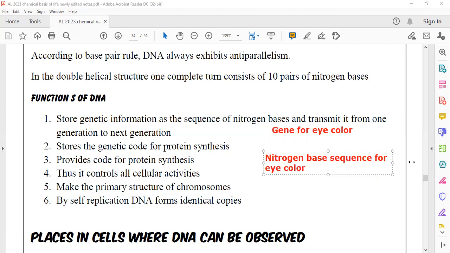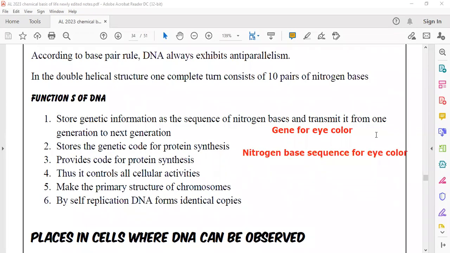This nitrogen base sequence will be copied, remember, copied to an RNA. That RNA is called mRNA. Later, I will explain what is mRNA.